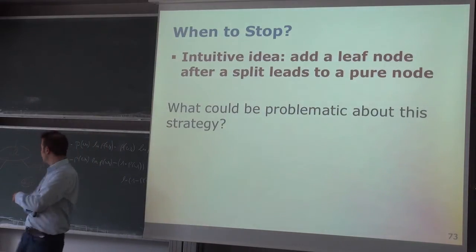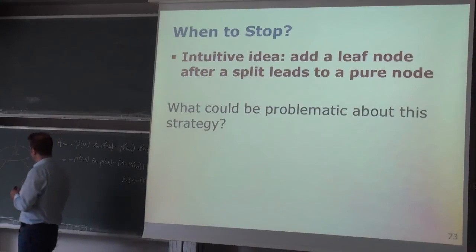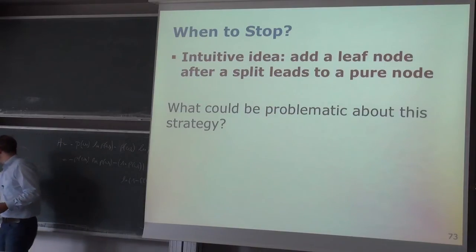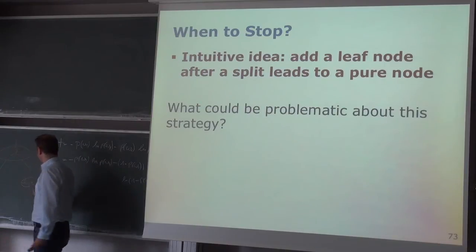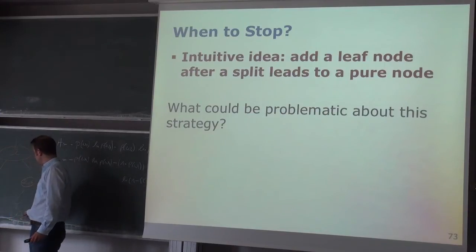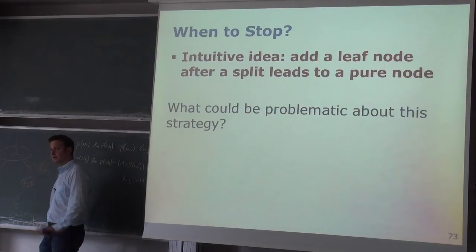I've got one on the left side, for example, which is pure, but I still have a few elements of the same class in the right one. Yeah, but there's nothing bad about that. In this case, I would add a leaf node here and would continue to split here, to split nodes, until I'm pure and then add all my leaf nodes down here. So if I end up here, I'm already done, and here I would need to go deeper through the tree. That would not be a problem.